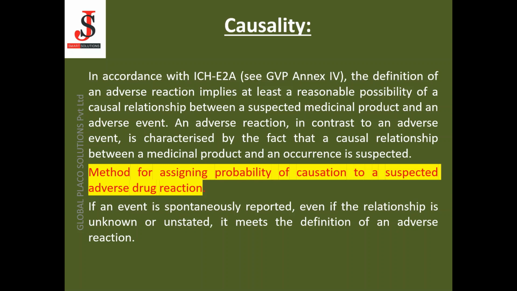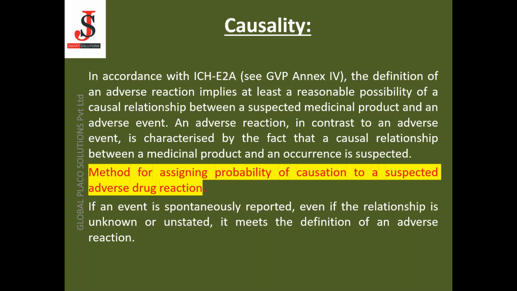So this is very important for experienced people whenever you are attending an interview. All the spontaneously reported events, if the relationship is unknown, are directly taken as related. So this is a very important question usually asked in the interview. That is why I spoke very slowly.